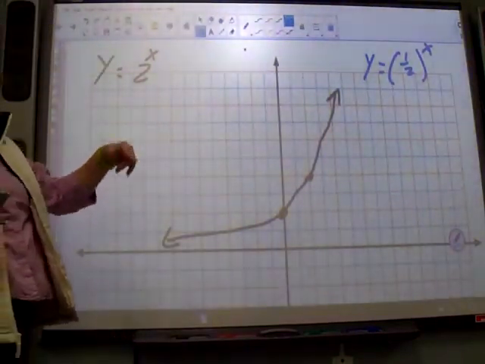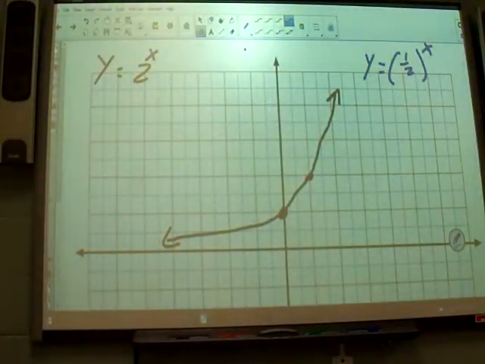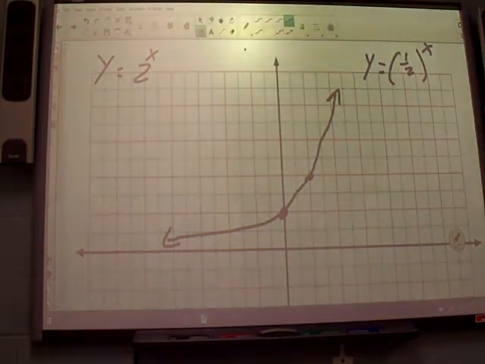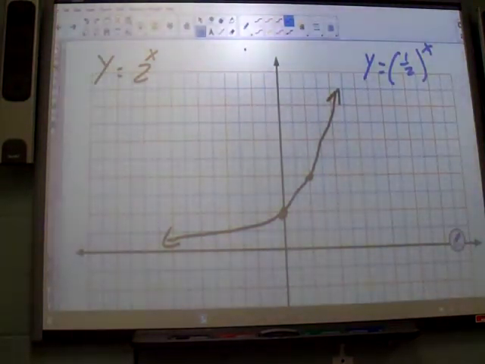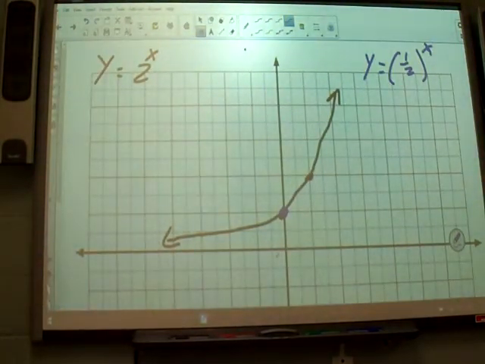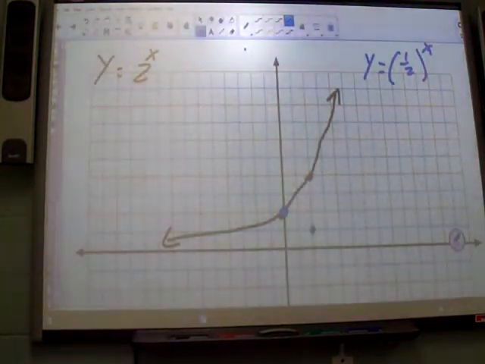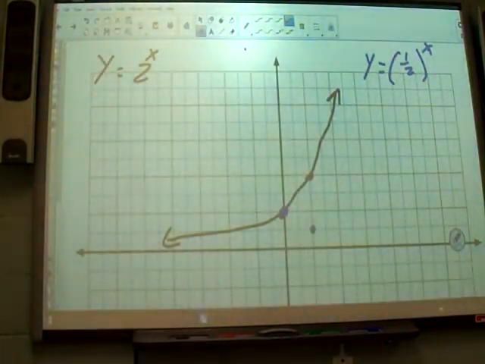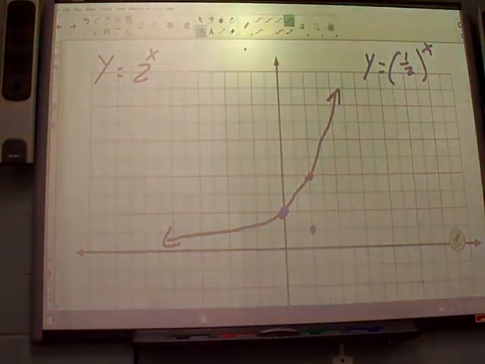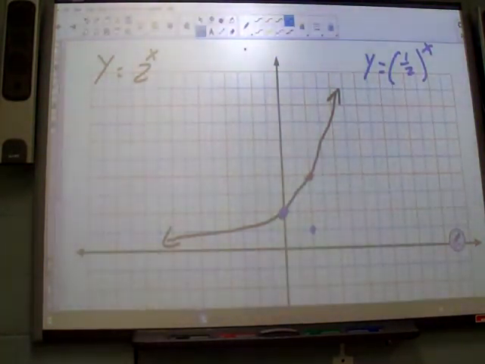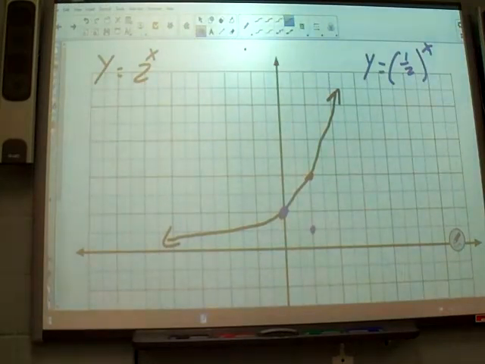So do I know 2 points that it might go through? 0, 1. So it's going to share that point. And 1, 1/2. Right? So it always starts at 0, 1 when it has not been moved. How do we know these two have not been moved?